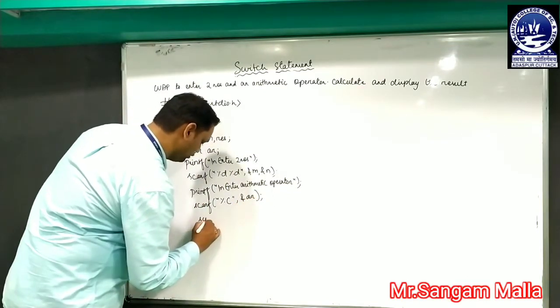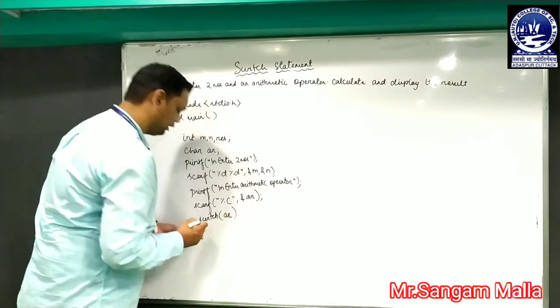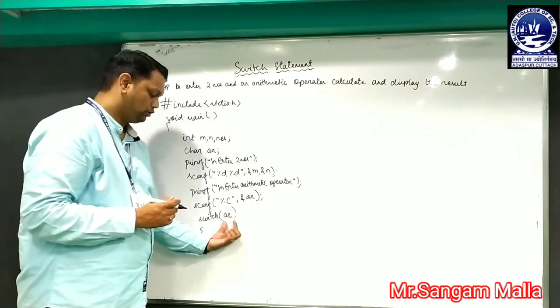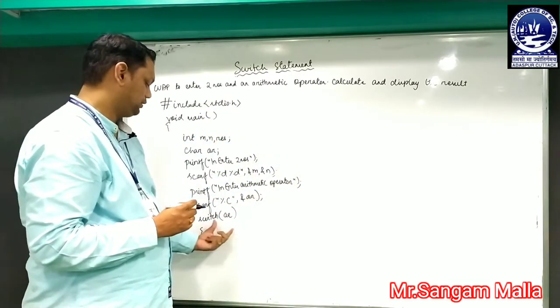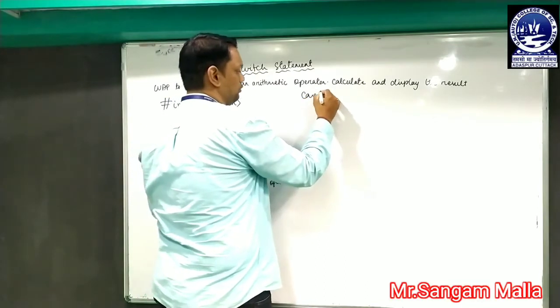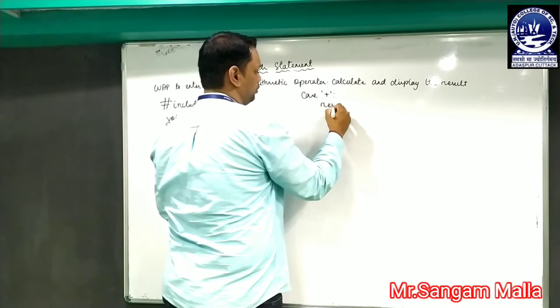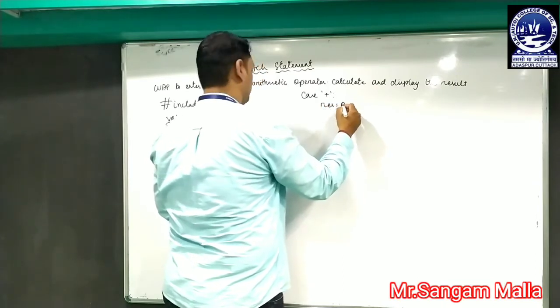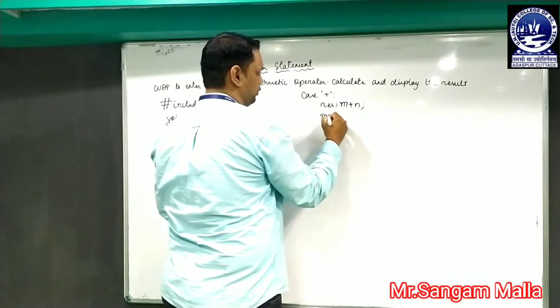Now I will take AR under switch and all the values of AR will be matched under the case values. So let us say I have taken case, first one is plus, so result equal to m plus n and we have to print it.